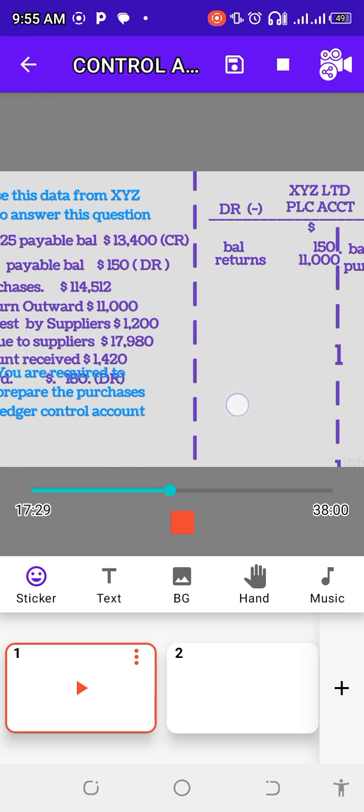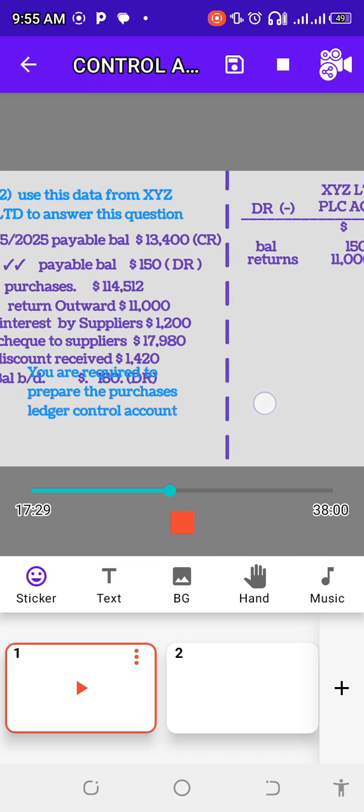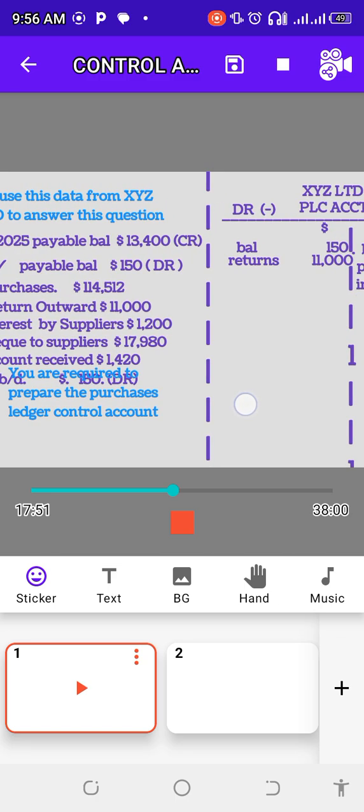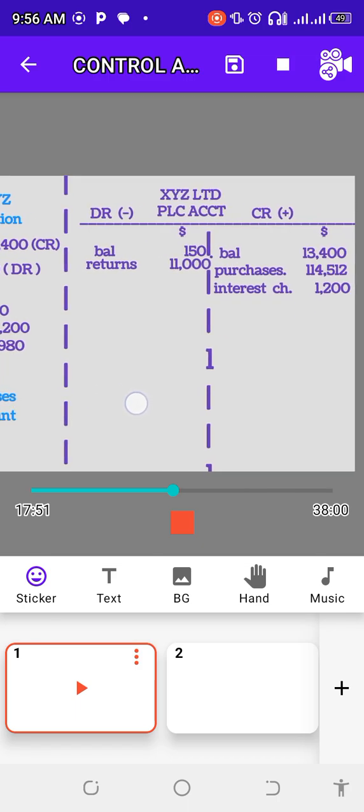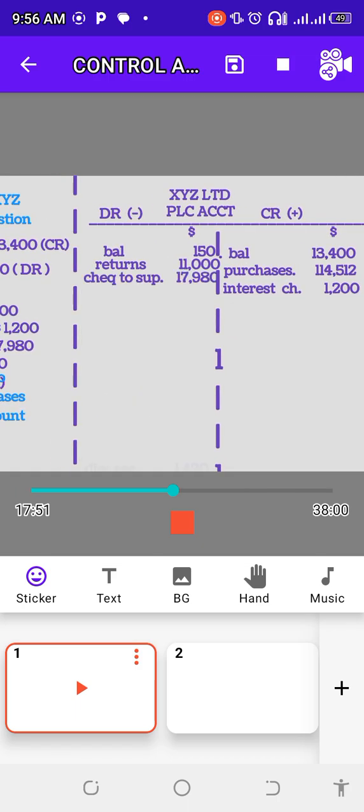After return outward, say interest by suppliers. That one will increase the amount we are owing. Then discount received reduces what we are owing. Then interest charged on account by suppliers.